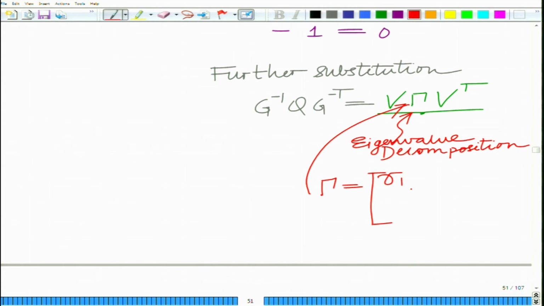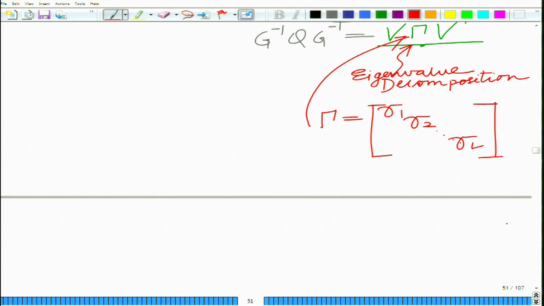So, this will be gamma 1, gamma 2, and so on up to whatever is the dimension, which is gamma L. This is a diagonal matrix of eigenvalues.